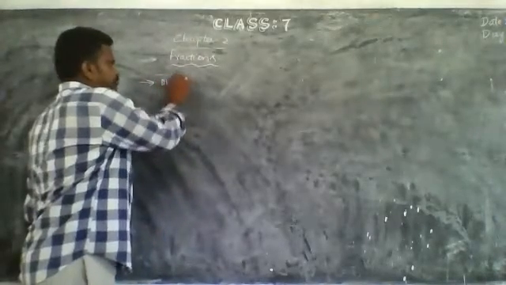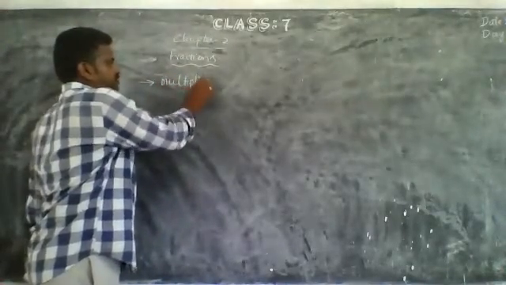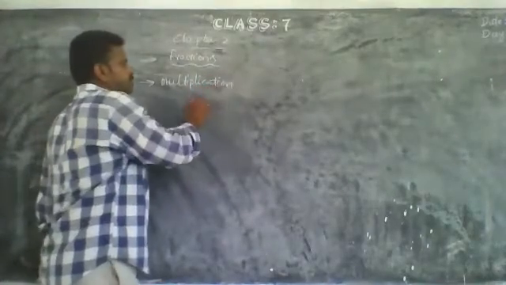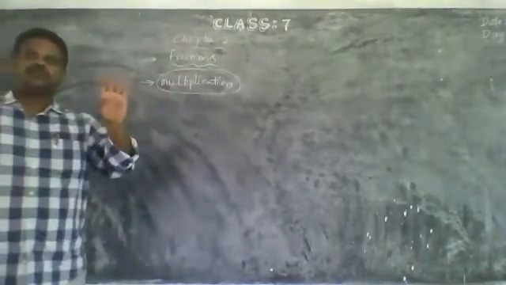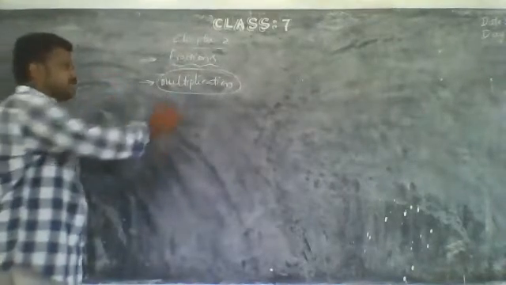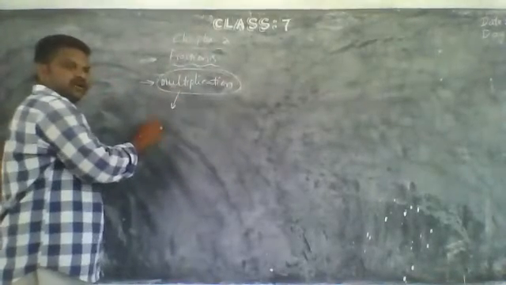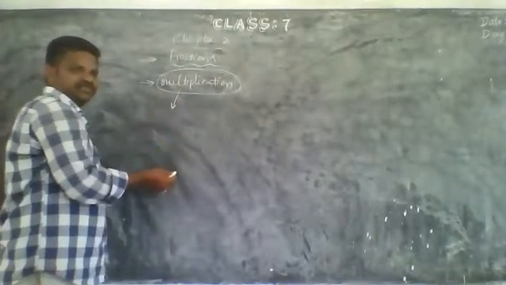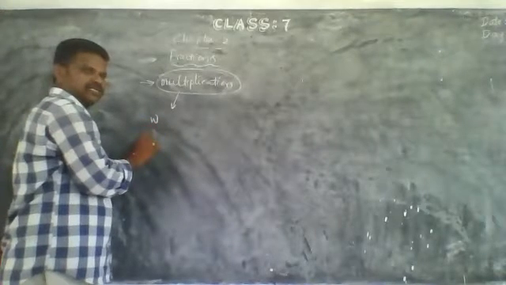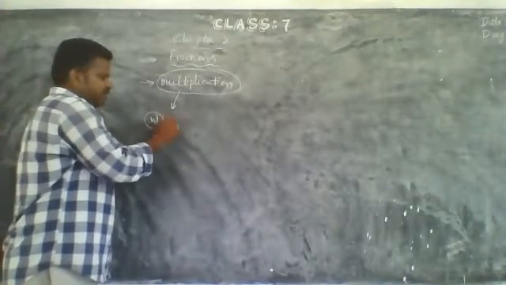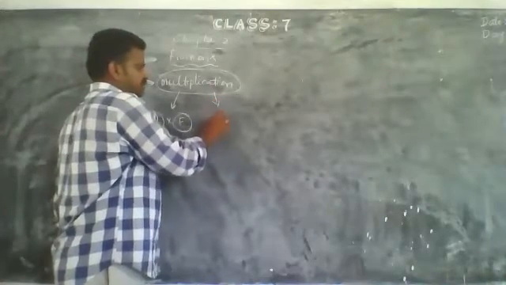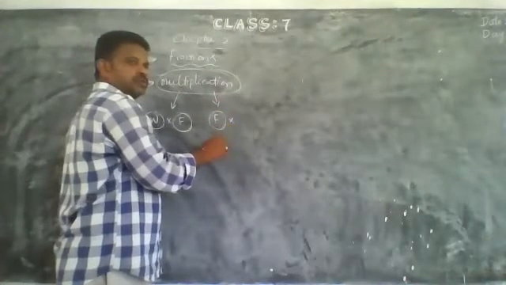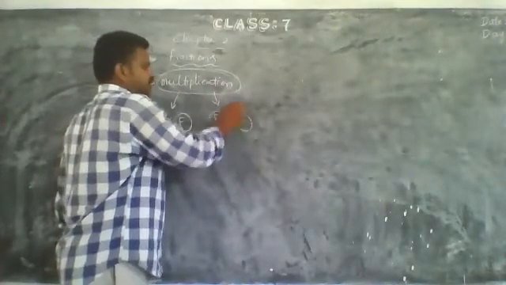Very good. Multiplication. So multiplication has two ways. One multiplication is whole number with the fraction. One is fraction into another fraction.